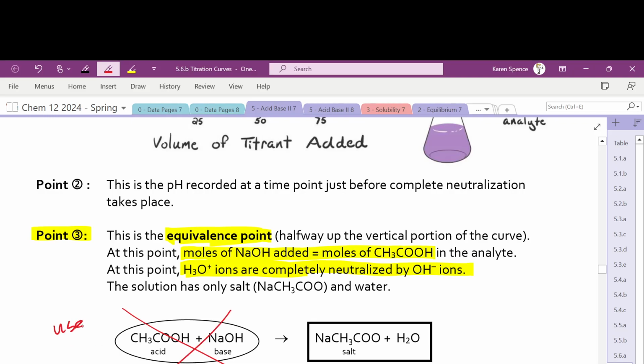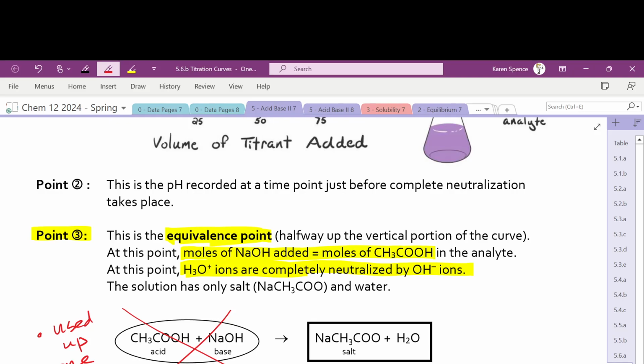They are used up. There is none left over. So all we have is the salt. I mean, we've got water, but it's the solvent, so it doesn't really matter.